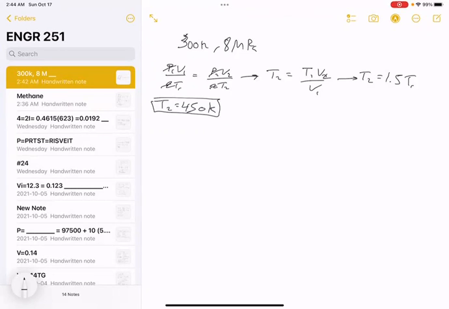So let's find the initial state reduced temperature. We start at 300 Kelvin.